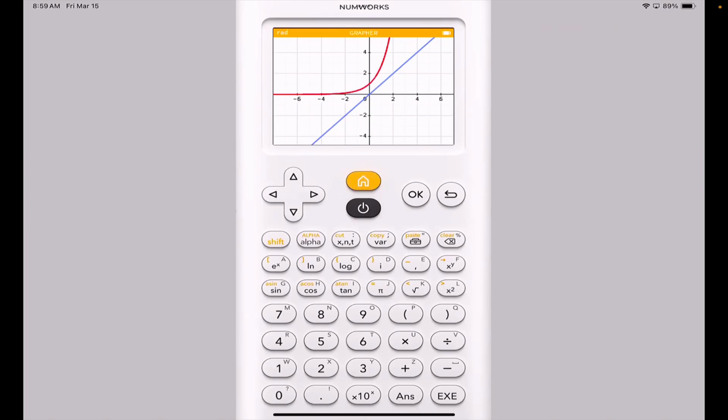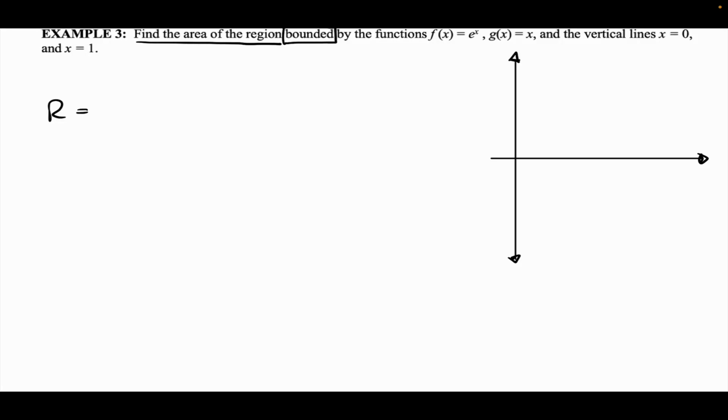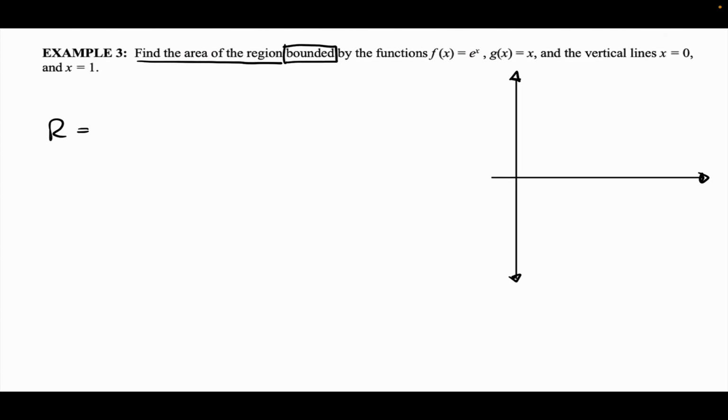So that's what it looks like. It doesn't look like it's being bounded by anything, though. There's no bounding, right? They don't even touch. The blue and the red don't even touch. So how do we look at this? Well, that's where the other part comes in. It says there's two vertical lines.